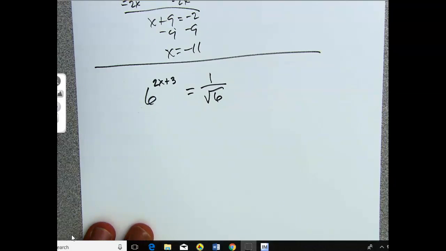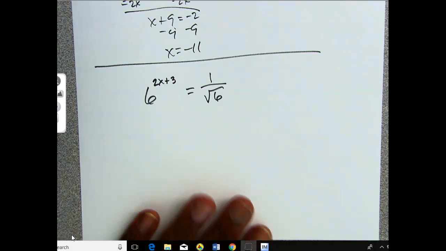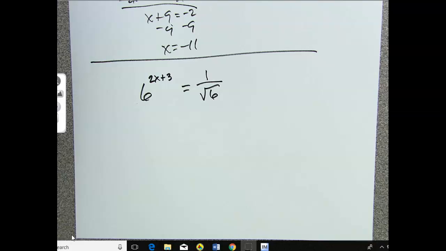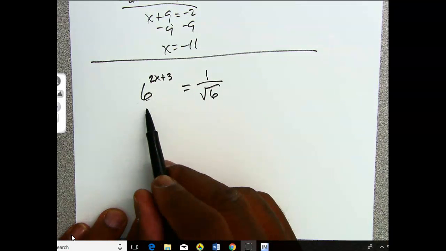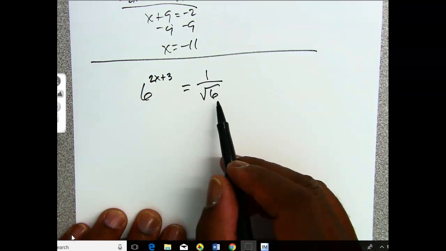All right, ladies and gentlemen, how about this problem? Can we solve this one without a calculator? 6 to the 2x plus 3 is equal to 1 over the square root of 6. Is there any way we can equate the bases here? Yes, both bases are 6.